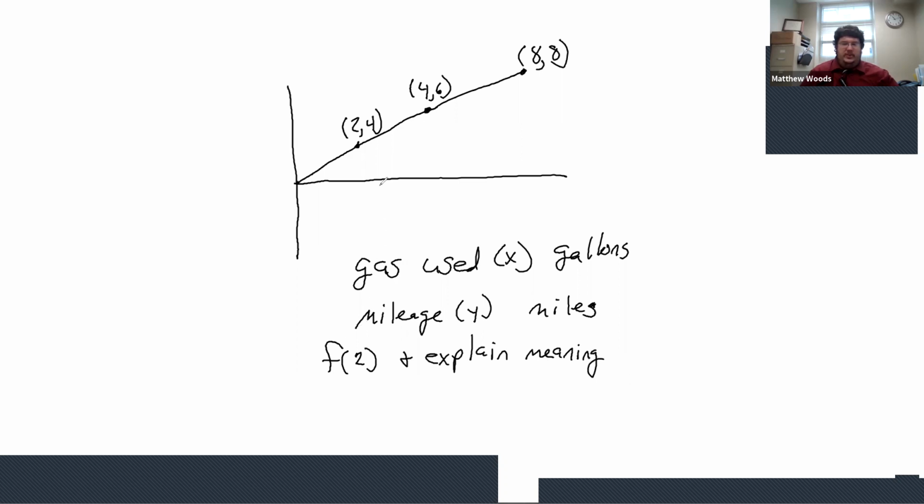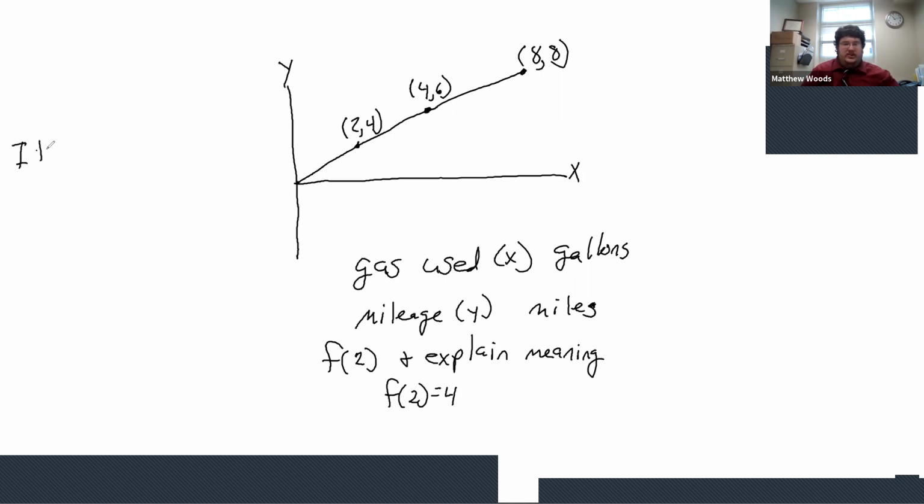Well, I'm going to find f of 2 on my graph. f of 2 then would be 4. So remember, this is the x, and this is y. So what's the 2 represent? Well, it's 2 gallons.